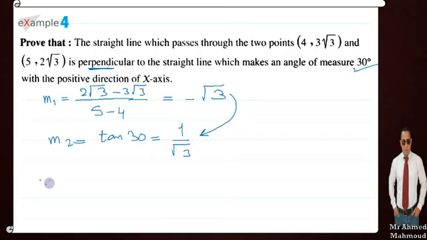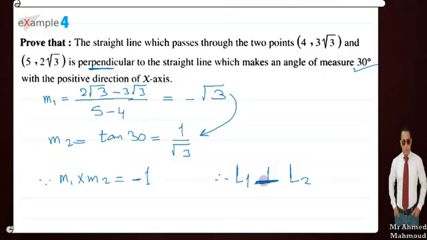Since m1 times m2 equals negative 1, therefore L1 is perpendicular to L2. This is the perpendicular sign.